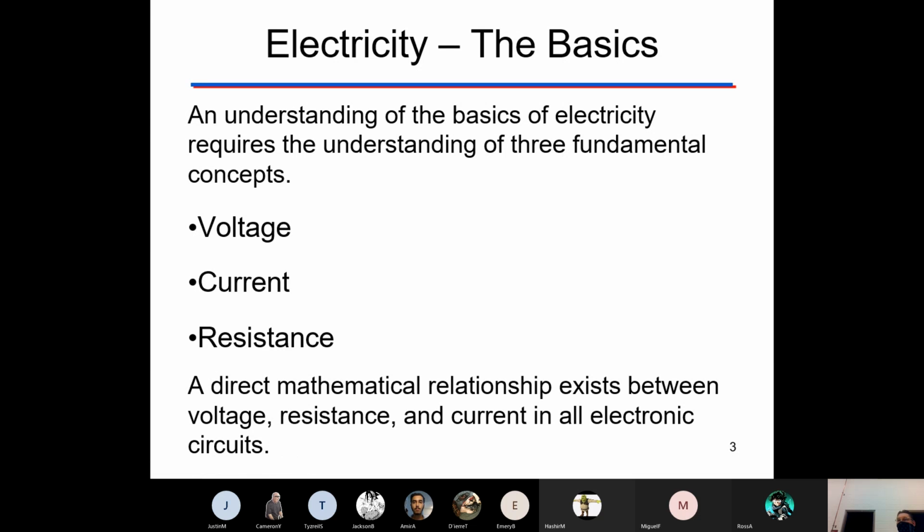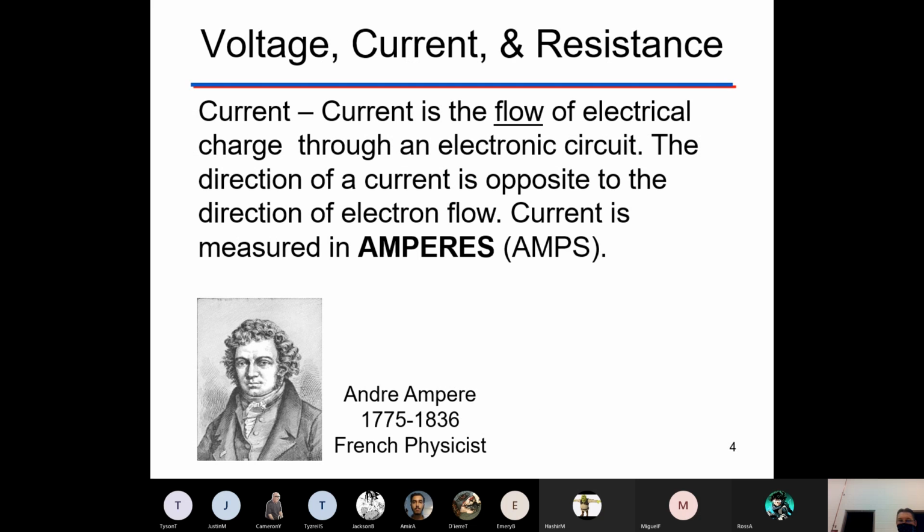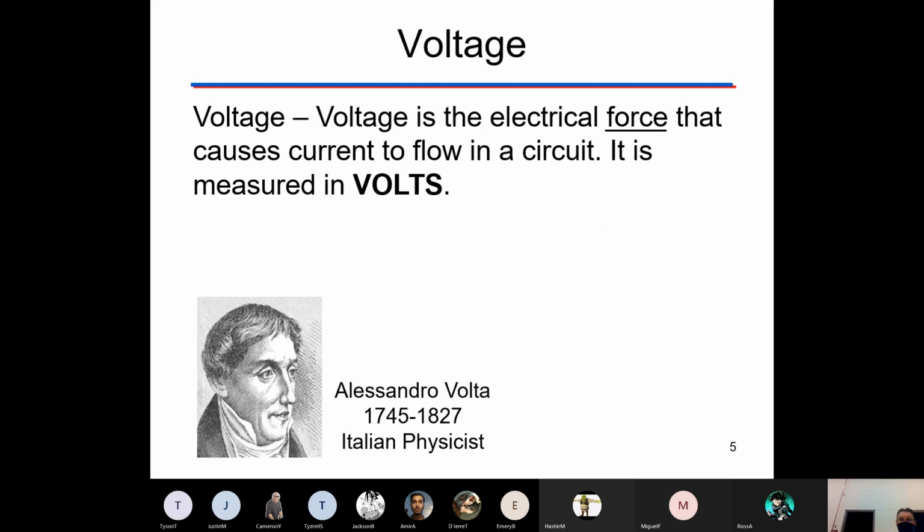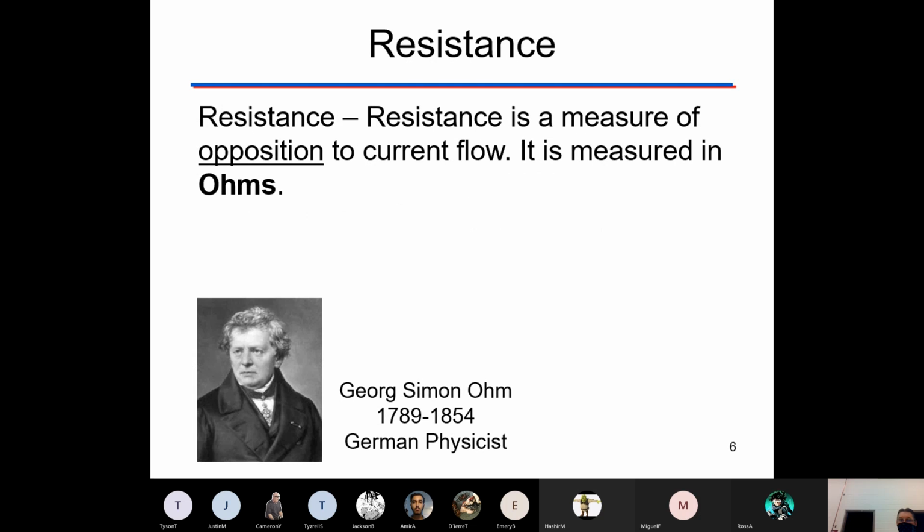The mathematical relationship between voltage, current, and resistance. Oh, wait, who said that? Ohm's law, yes, it's Ohm's law. So we've already got this. We know what current is. It's the flow of the charge. We know the voltage is the push. And we know that resistance is the opposition, or what's pushing back.